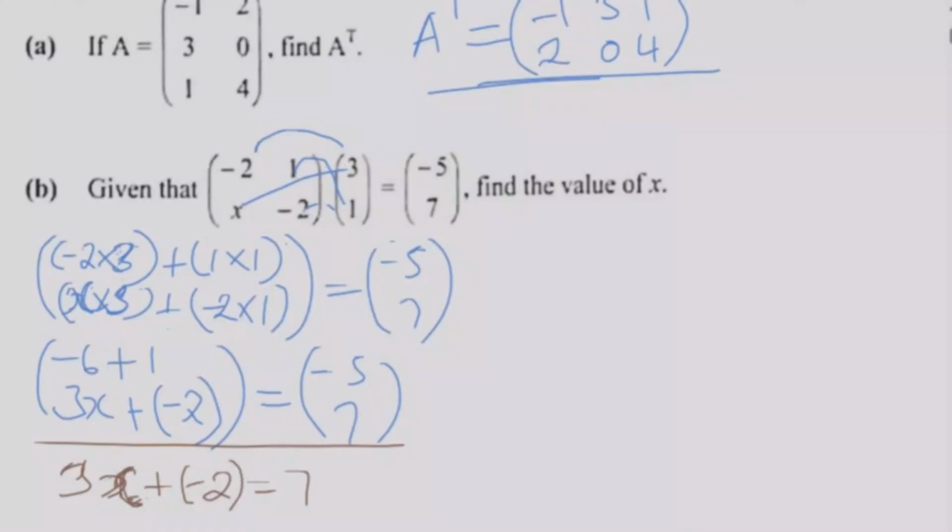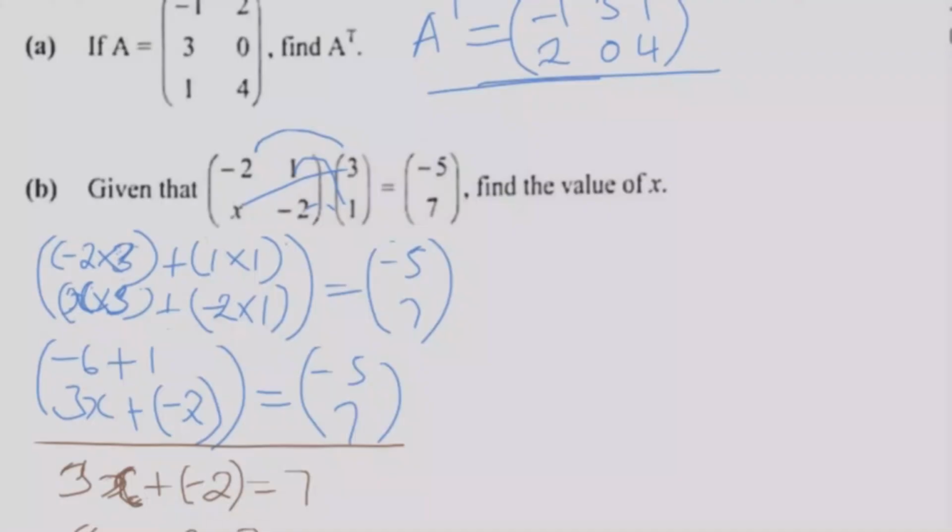Now we evaluate and put like terms together. The positive times negative 2 will give us negative 2, so 3x minus 2 is equal to 7.